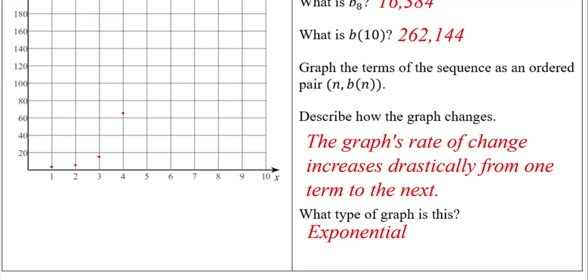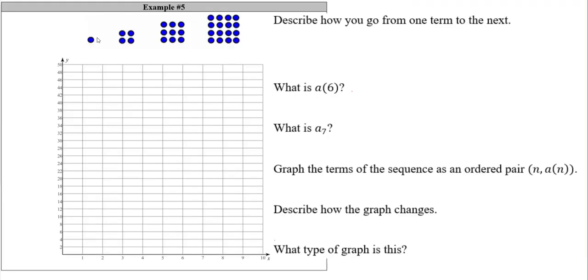All right, very good. And my last example, we have this little graphic here. It looks like we got 1 dot, and then now we got 4 dots, and then it looks like it's just starting to create these bigger squares. So we went from 1 dot to 4 dots to 9 dots to 16.